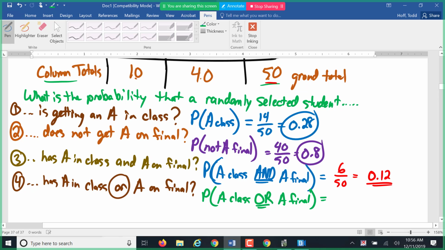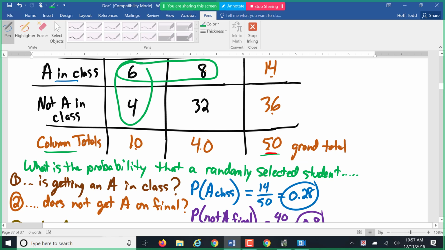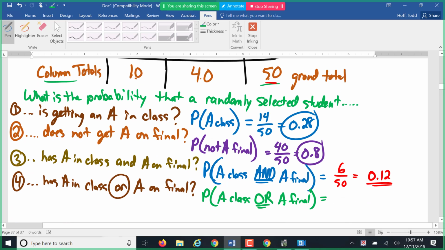So if we look at those again going up here, these are the ones that have an A in the class, and these are the ones that have an A in the final. Or means either one of them. So now we're adding up all 3 of those values, not just the ones where they overlap. So 6 plus 4 is 10, plus 8 is 18. That's 18 out of 50, or a 0.36 probability.